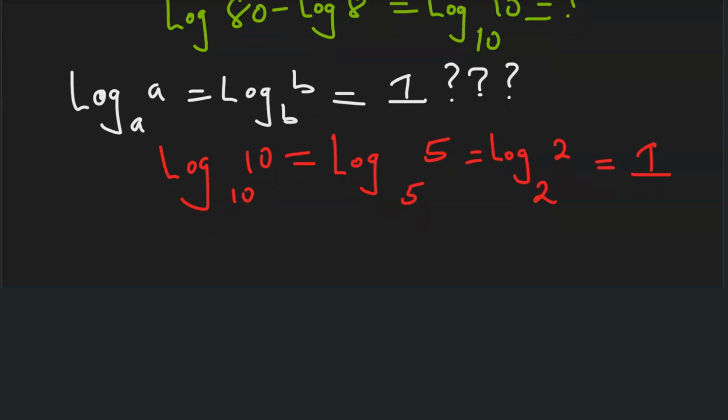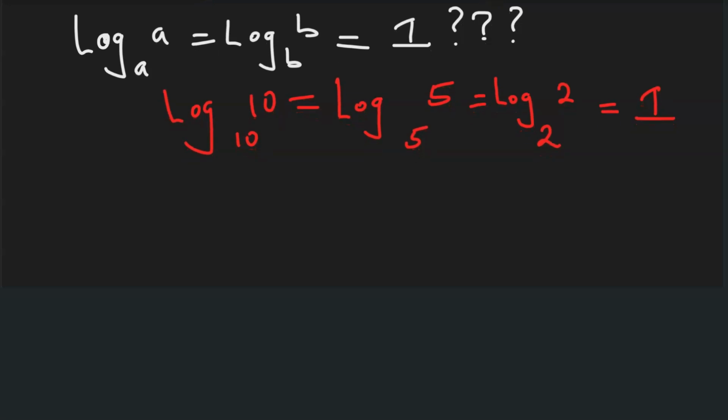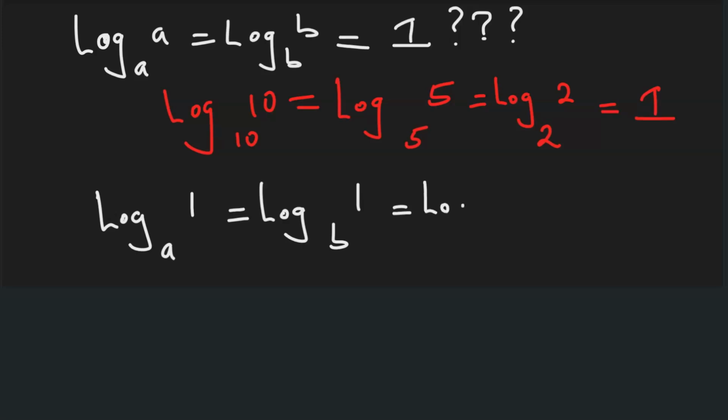So this, together with the next law, states that log 1 to base a should be equal to log 1 to base b should be equal to log 1 to base c, which always gives us a what? That's why if you press log 1 on your calculator, it gives you a 0.